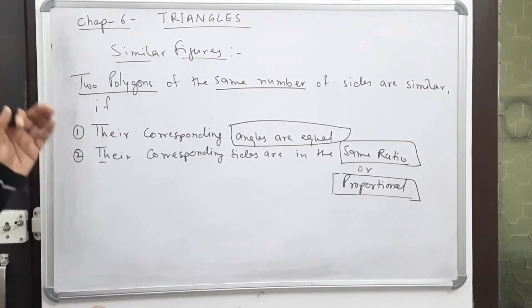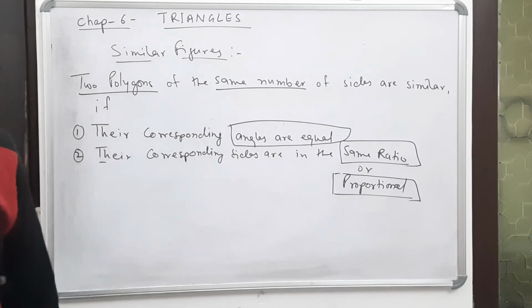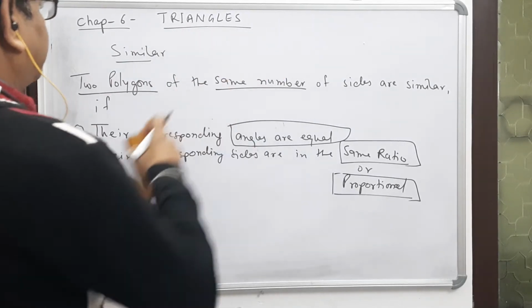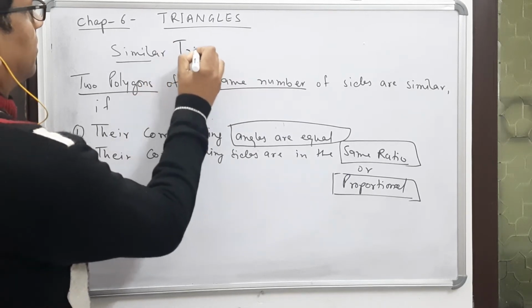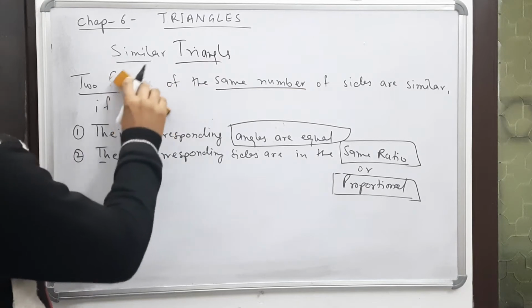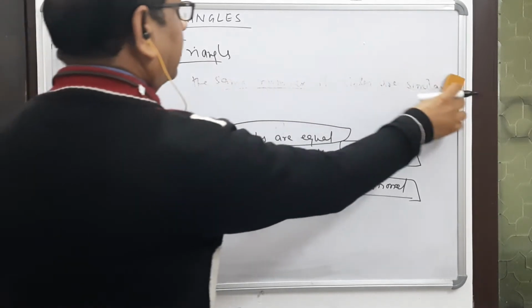Now, in the case of triangles, instead of similar figure, if I add here triangles, similar triangles, then what do we say?